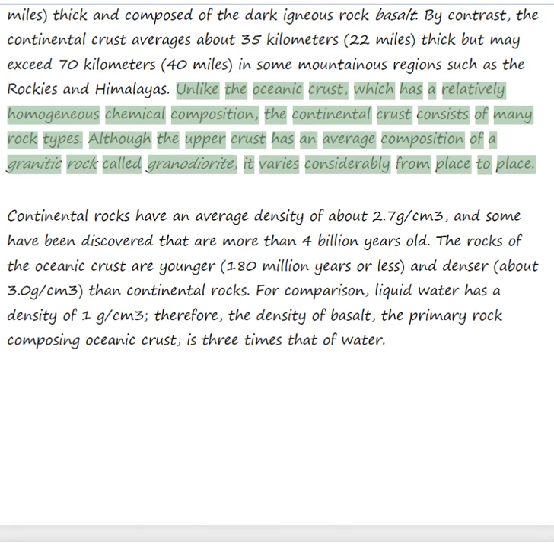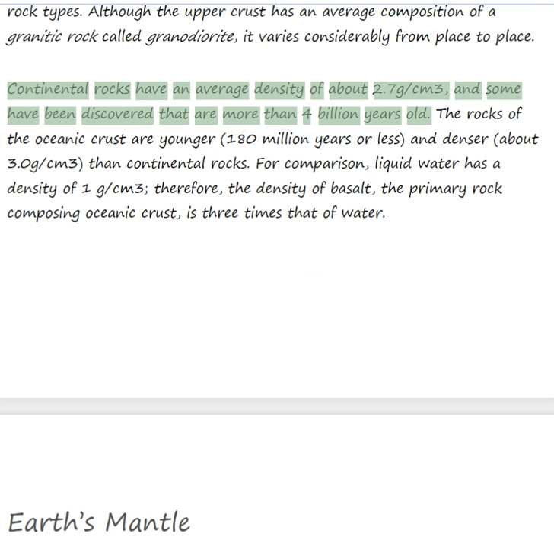Unlike the oceanic crust, which has a relatively homogeneous chemical composition, the continental crust consists of many rock types. Although the upper crust has an average composition of a granitic rock called granodiorite, it varies considerably from place to place. Continental rocks have an average density of about 2.7 g/cm3, and some have been discovered that are more than 4 billion years old.